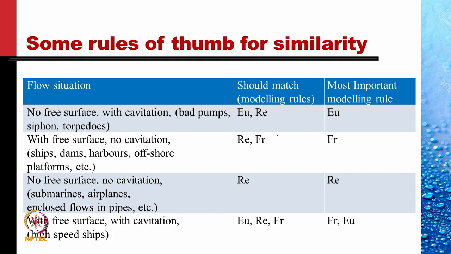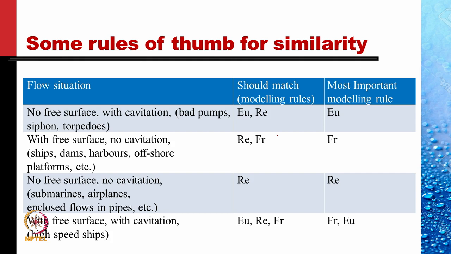Since there is no cavitation, Euler number is not important. And so we should match Reynolds number and Froude number. Here again, in most cases, the dependence on Reynolds number is rather weak. And so the most important modeling rule is the matching of Froude number.